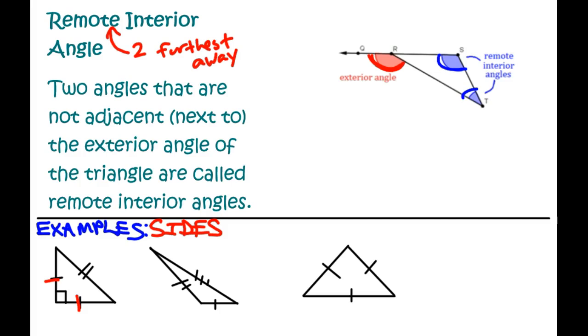Now, how do you remember isosceles is two? Think about your eyeballs. You got two eyeballs, hopefully. Two sides are equal. Isosceles. Okay, the second one. All the sides are different. When all the sides are different, what do you call that? Scalene. The last one, when all the sides are the same, equilateral.